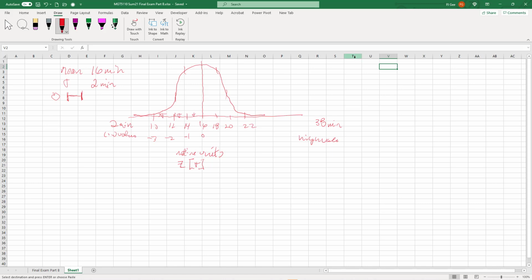We can turn our native units into 1, 2, 3. And this depicts what we call plus and minus 3 sigma. When we have that kind of system, we call that a 3 sig system, shorthand for what plus and minus 3 means. Okay? All right. So that's how you first draw it.